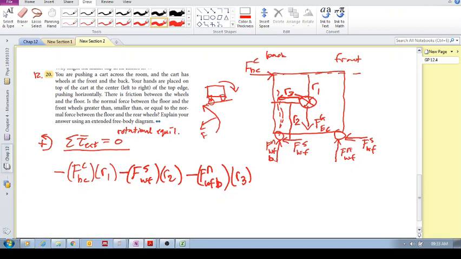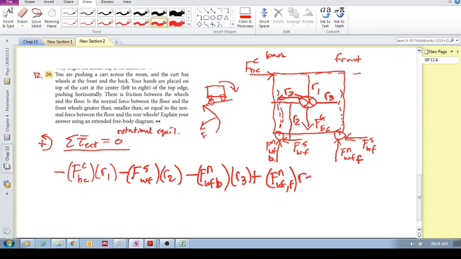Now all we're left with is this normal force, let's call it F_n wheel on floor, front. You need to come up with better names. Now you need to multiply it by its lever arm, which, if this thing is symmetrical, will also be the same as R3, the same magnitude.